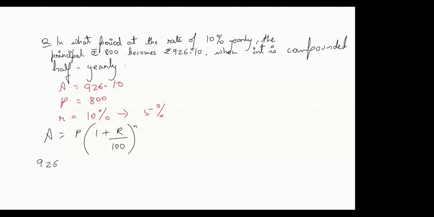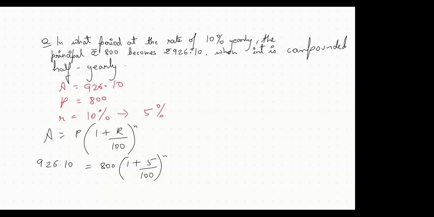That is the time period that we are calculating in this question. So 926.10 equals 800 into 1 plus 5 by 100, raised to the power n. Write n as it is because we don't know it.